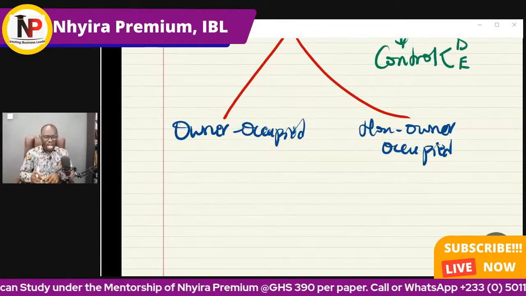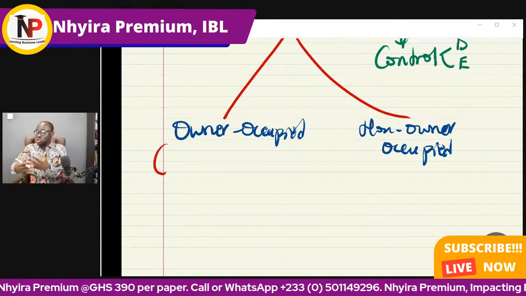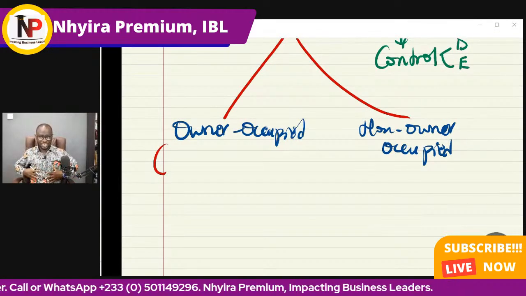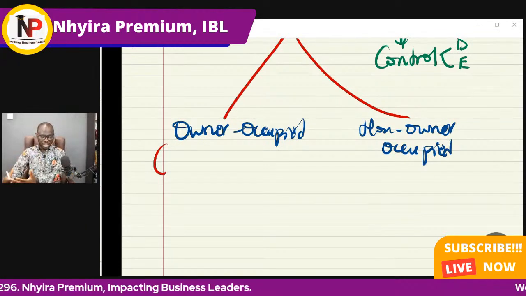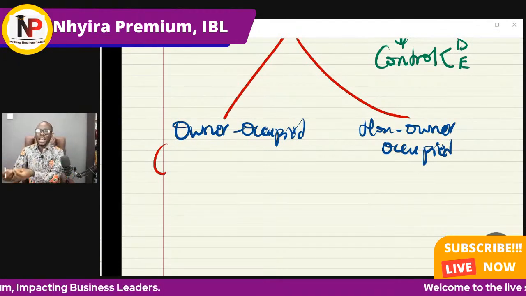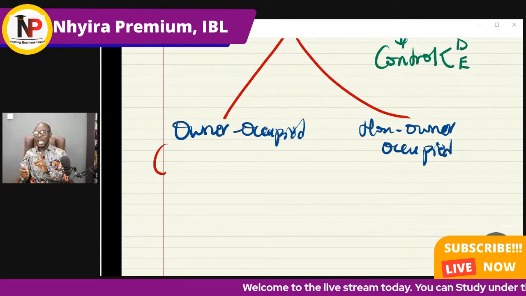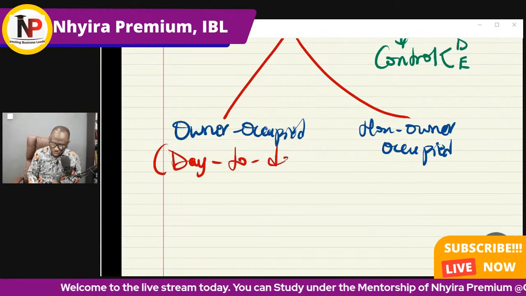When we say owner-occupied non-current assets, it means that the entity controls the assets. Remember, the word here is not owning the asset, because it's not about owning the asset, it's about controlling the asset. So when we say owner-occupied assets, it means that the entity controls the assets and uses them in the day-to-day running of the organization.